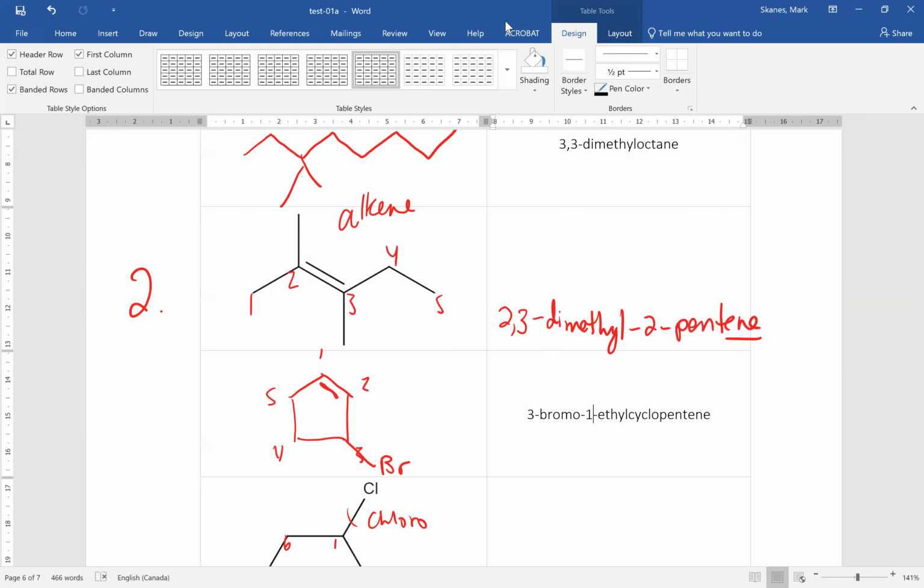Why is there a 2? Because the 2 tells me where my double bond is. The double bond is on the second carbon. So the 2 tells me where my double bond is. Okay, cool. No problem.